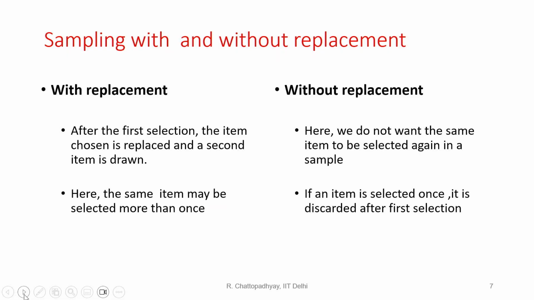With replacement is, after the first selection, the item chosen is replaced, as I have already told you, and a second item is now drawn. Here the same item may be selected more than once. That possibility exists here, because once I put it back, it becomes part of the population again, and it may be selected again. Without replacement, as I have said already, we do not want the same item to be selected again.